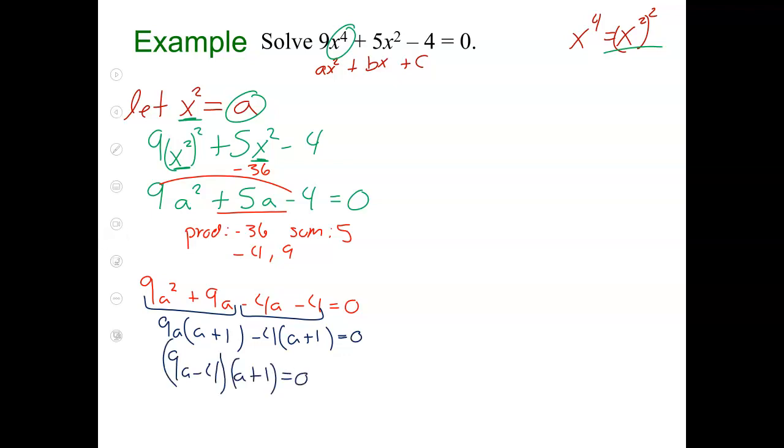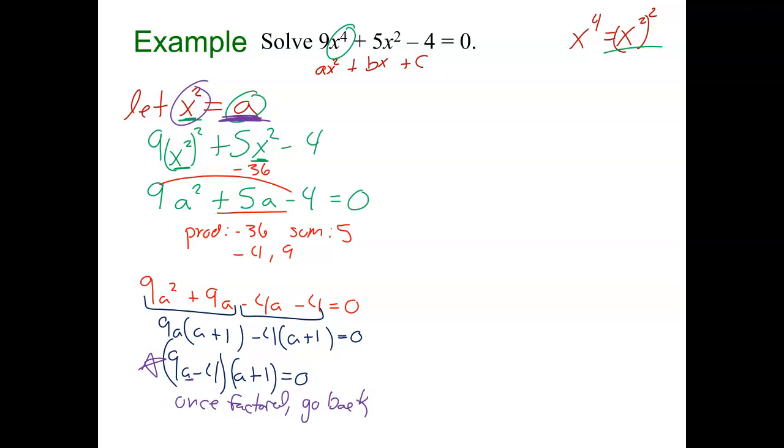Now, once it's factored, we go back. Wherever we see an a, we're going to replace it with x squared. Once we have it factored, change it back.